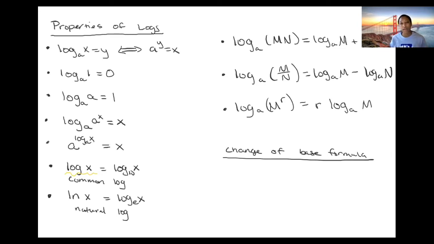Usually we want to rewrite it though in terms of the natural log or the common log, so ln or log. But the change of base formula tells us that if we have log base a of x, and let's say we wanted to change it to base b instead of base a, this would be log base b of x divided by log base b of a.